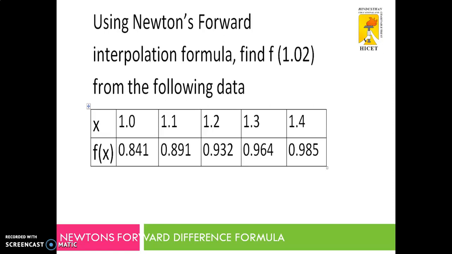The difference between 1.1 and 1.2 is again 0.1, between 1.2 and 1.3 is 0.1, and between 1.3 and 1.4 is 0.1. So throughout, the values of x are equally spaced, that is, h takes the value 0.1. Here x0 is 1, x1 is 1.1, x2 is 1.2, x3 is 1.3 and x4 is 1.4.